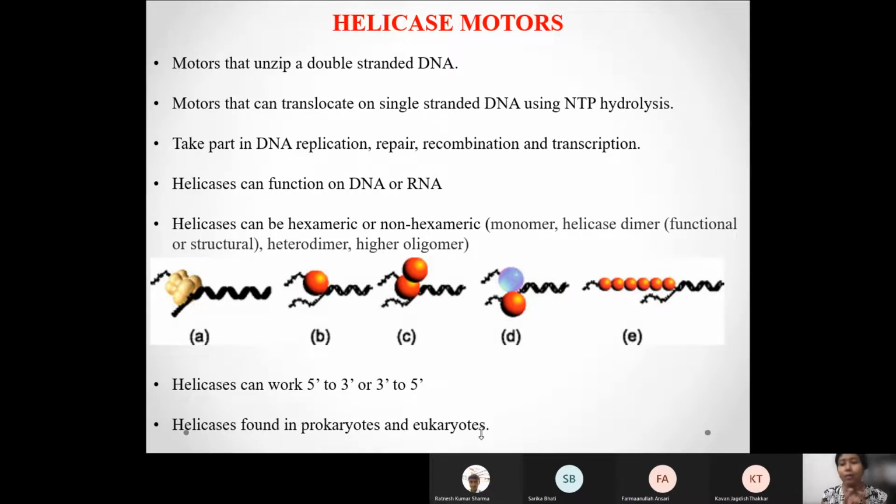What connects them are two things. One is that they all have a, I would not call it ATPase because it may not be just ATP. It could be any triphosphate nucleotide. It could be ATP, GTP, even TTP. And I'm going to give an example at the end where TTP is used to drive helicases.